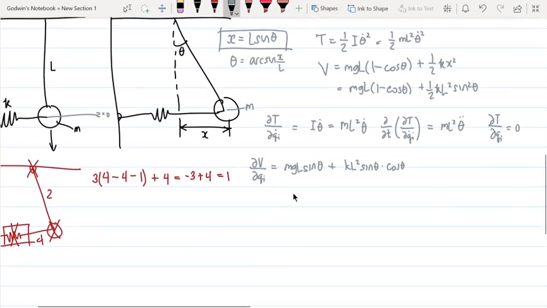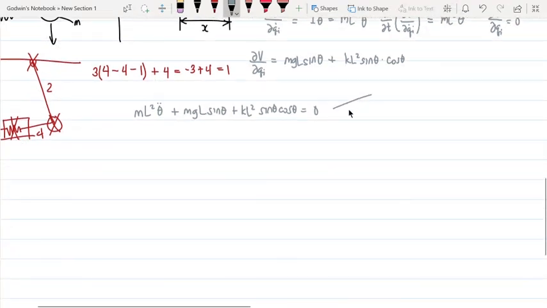And now this is our equation for this term. And so we're going to combine all of this again into one big equation: ml squared theta double dot plus mgl sine theta plus kl squared sine theta cosine theta equals 0. And so we now have two approximations.